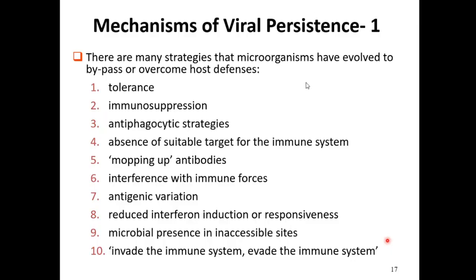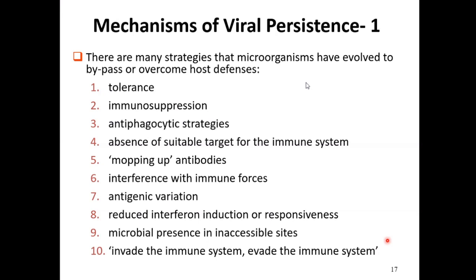So how do they achieve this level of persistence? They have mechanisms, as we said, to be able to persist. They don't do that at random, otherwise all viruses would do that. So they have strategies that evolved to bypass or overcome host defense. One is tolerance.